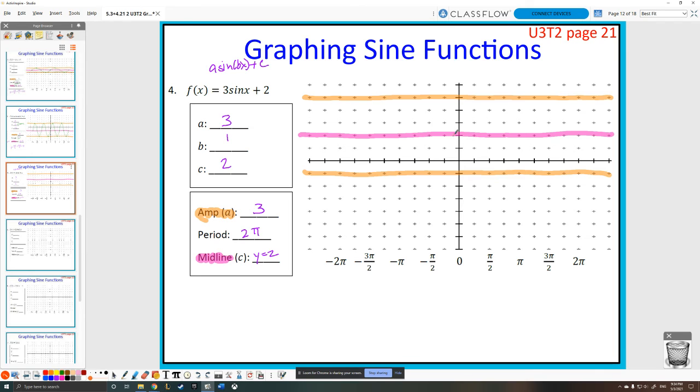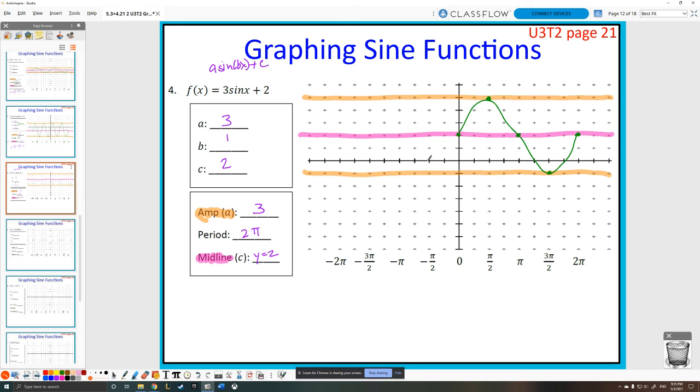So, but anyway, I got 0 on my midline. Again, period 2 pi means one wave ends at 2 pi, right in the middle. That's my midline. Between the first two midline points is my max. Between the second pair is my minimum. Okay, so that's one wave from 0 to 2 pi.